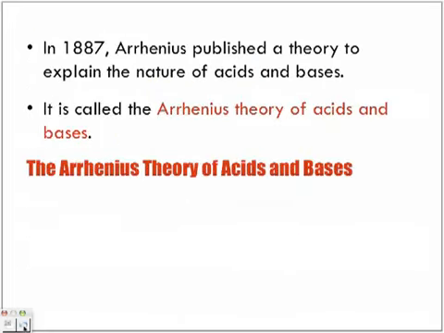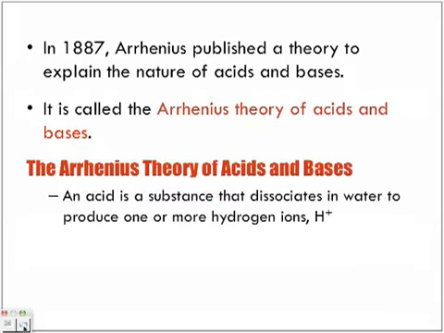Now, in 1887, Arrhenius published a theory to explain the nature of acids and bases. It was called the Arrhenius Theory of Acids and Bases, and it goes as follows. An acid is a substance that dissociates in water to produce one or more hydrogen ions. That's the dissociation we just did, where the H+ was removed and we had the non-metal anion.